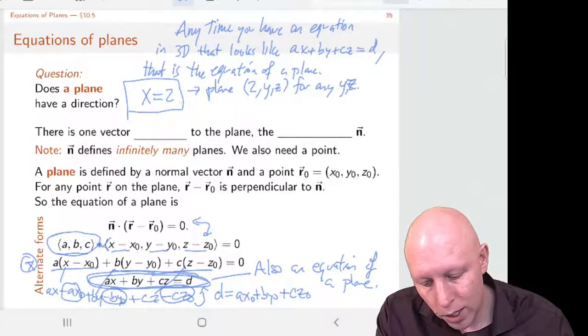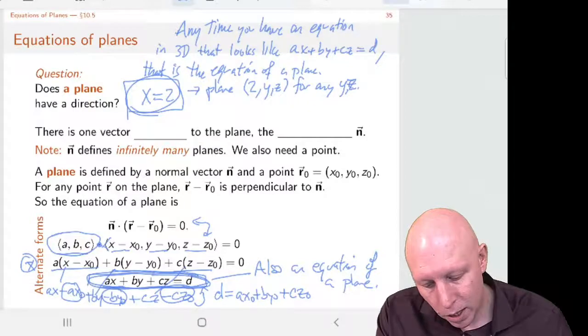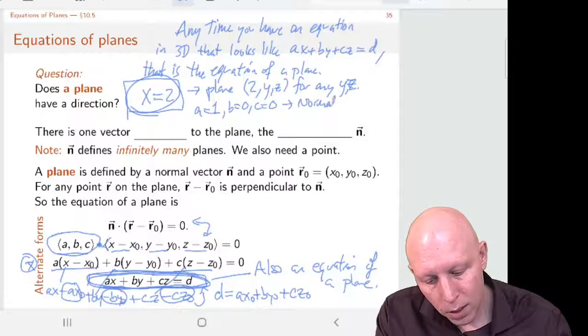So this is of the form ax plus by plus cz equals d, where a is equal to 1, b is equal to 0, c is equal to 0. So the normal vector is 1, 0, 0.